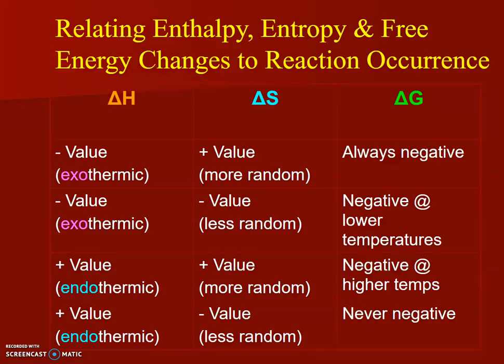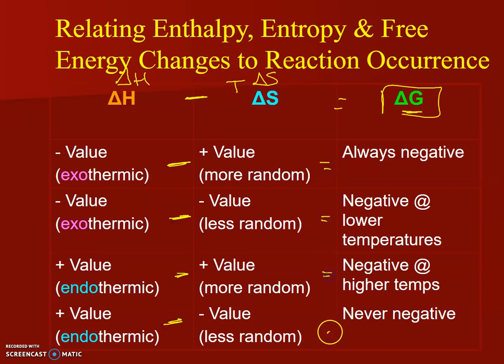All right, so this little table here kind of summarizes the whole thing. When you're going to see things be spontaneous and when we're going to see things be non-spontaneous. So it's delta H minus T delta S. So basically, we are subtracting these two values in order to figure out what our Gibbs free energy is going to be.